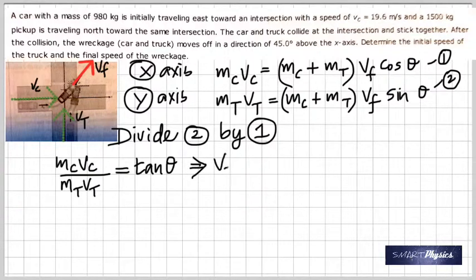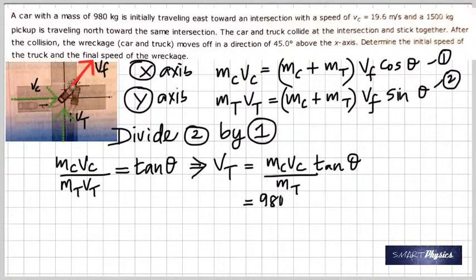Now we can find the initial speed of the truck just by rearranging, because all the other quantities are given. The mass of the car is 980 kilograms.